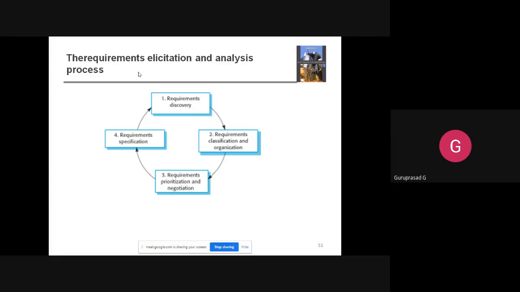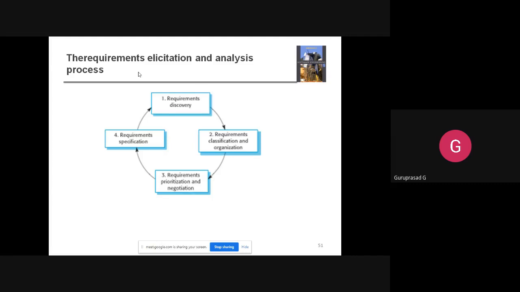We call them stakeholders, who have direct or indirect influence on the system requirements. Remember, a stakeholder is a person who has some direct or indirect influence.